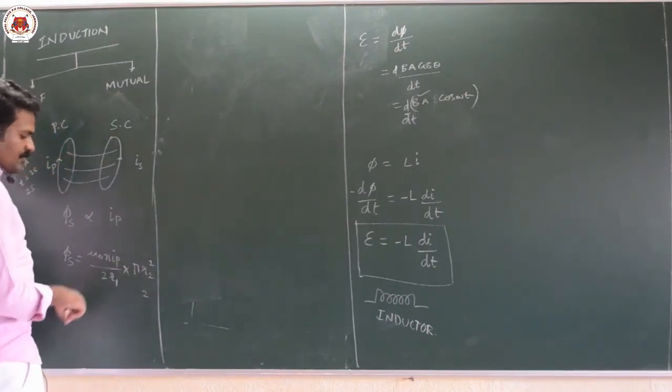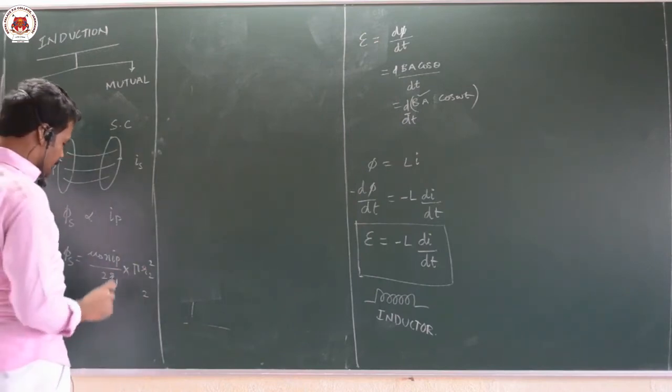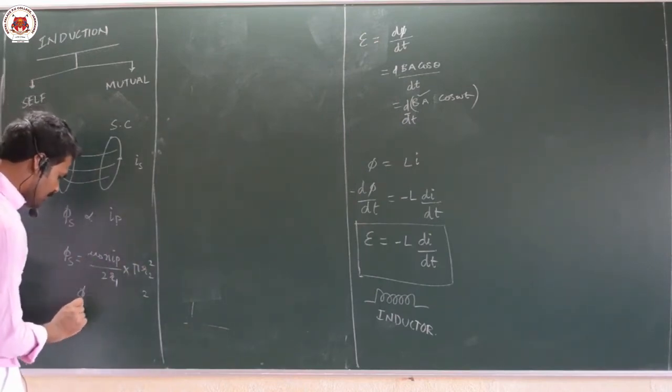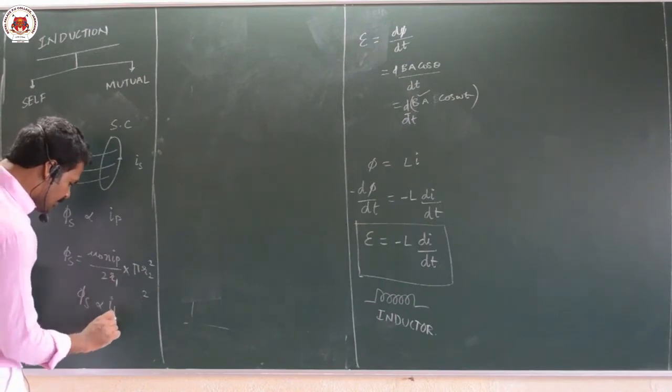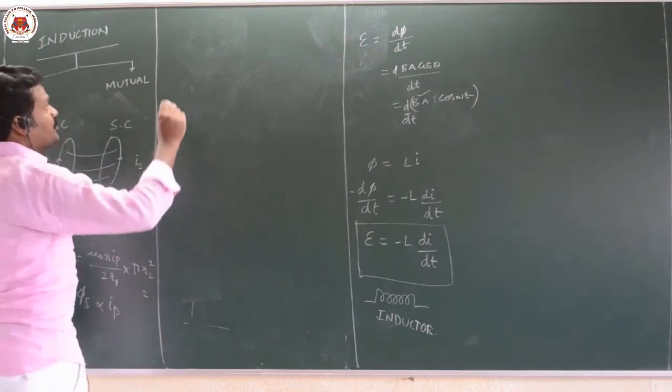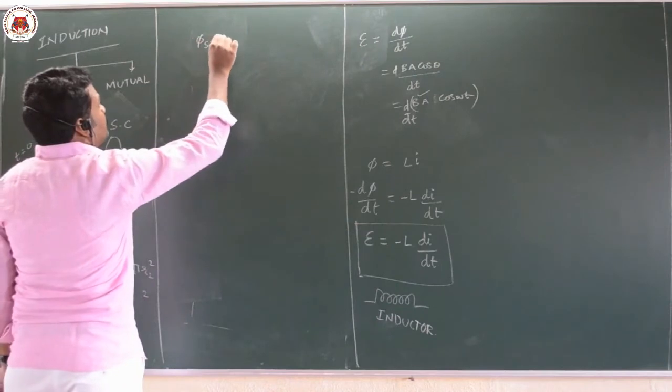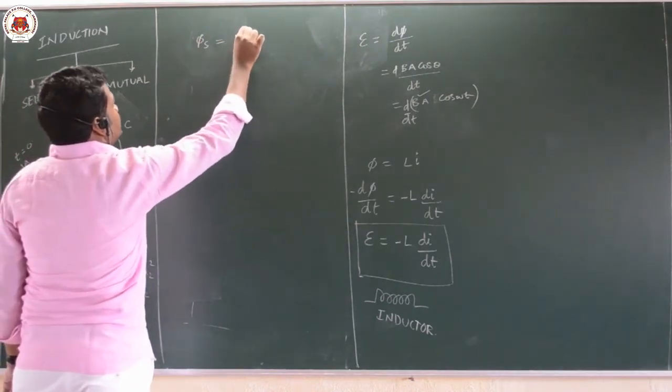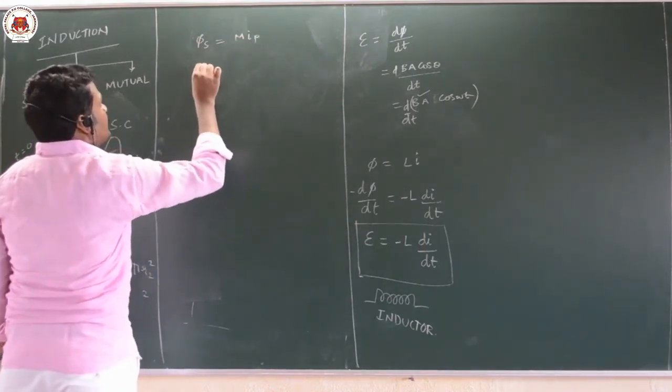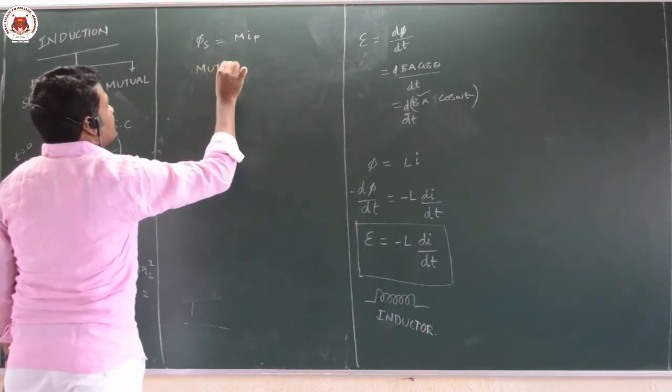R1 is the radius of the primary, R2 is the radius of the secondary. So, flux linked with secondary is proportional to current in primary. If you remove the proportionality, you will get one constant which is called mutual inductance.